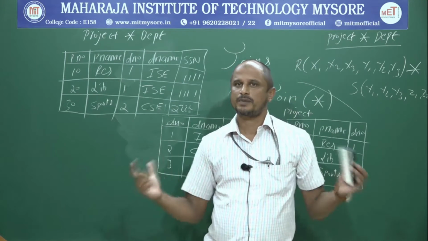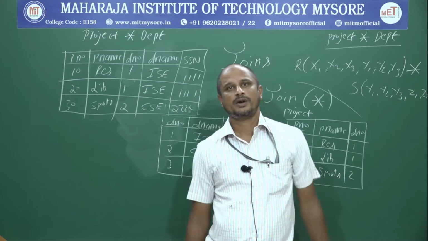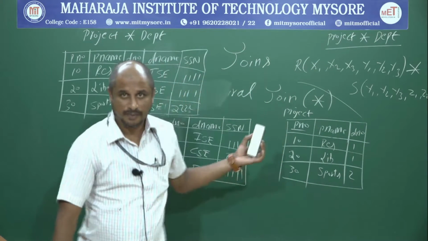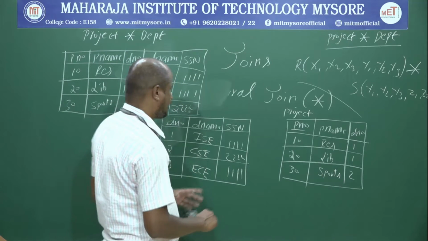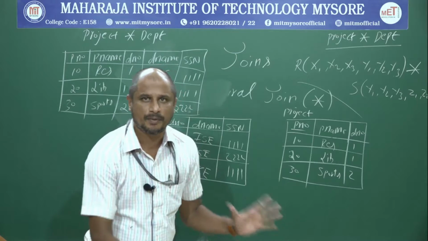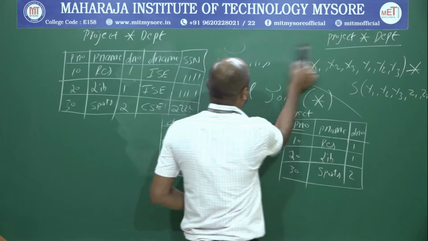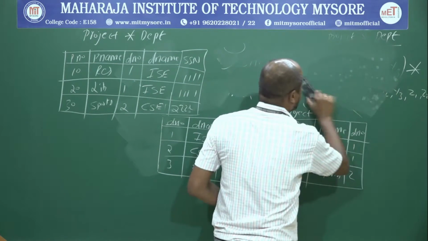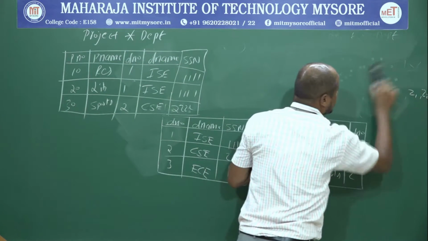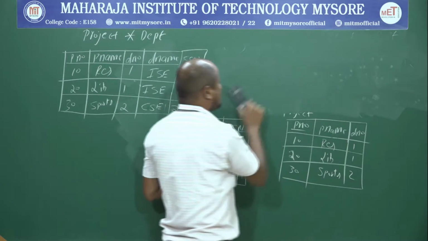My question is, what may be the drawback? So now, like I told, D number is a common attribute. Instead of that, I may think of changing tables to employee with the department, because I want to search a common attribute, what I call as drawbacks in natural join.